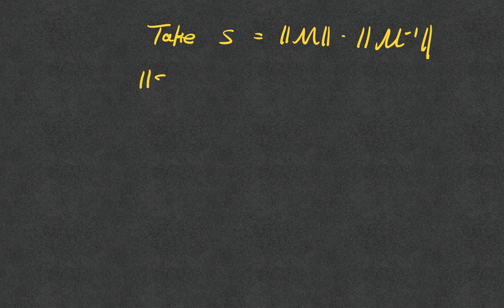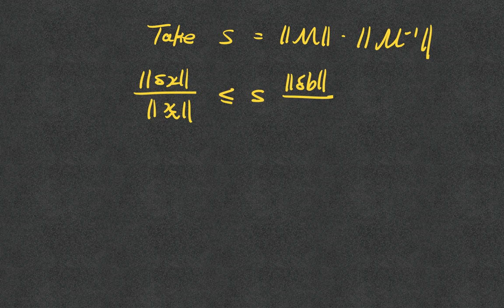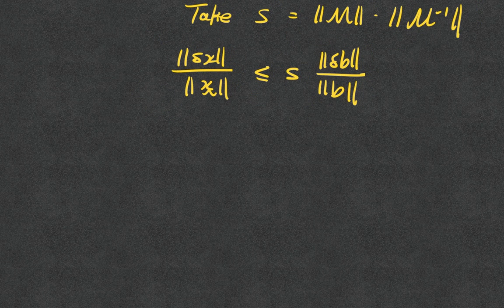If I do this, then the difference between the two is bounded by that S, the stability constant. So here you can say that if S actually exists, then X is somehow under control of B, right?